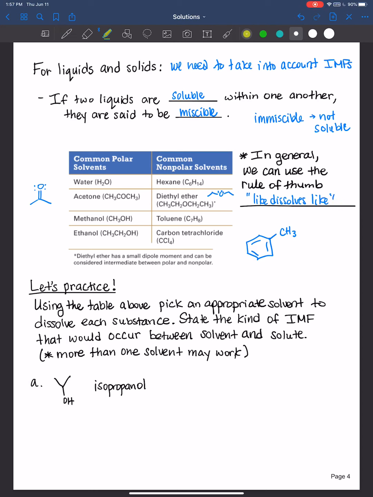Something I did want to point out here that I thought was interesting, glad it was included in this figure, is that diethyl ether does have a small dipole moment. You know, a lot of times when students first learn about polarity, they either think it's polar or nonpolar. It's black or white. But that's not the case. It's a continuum. Some molecules are more polar than others or more nonpolar than others.